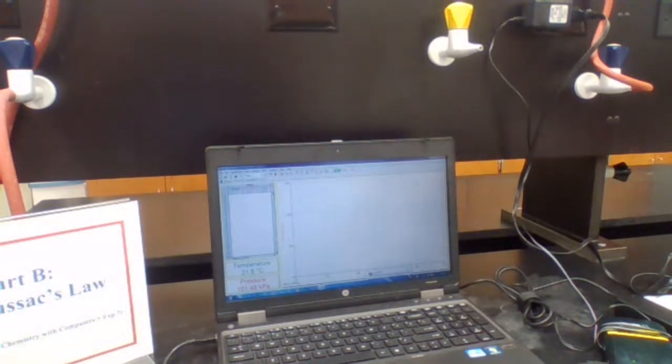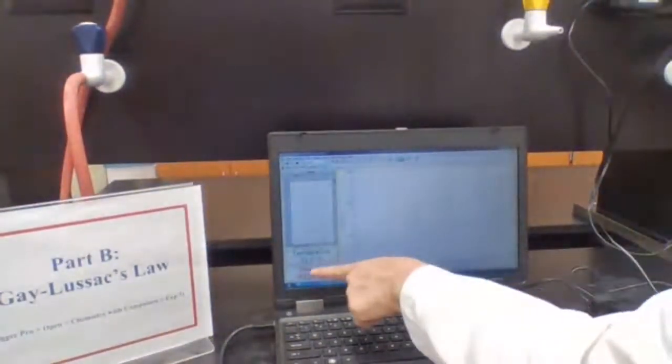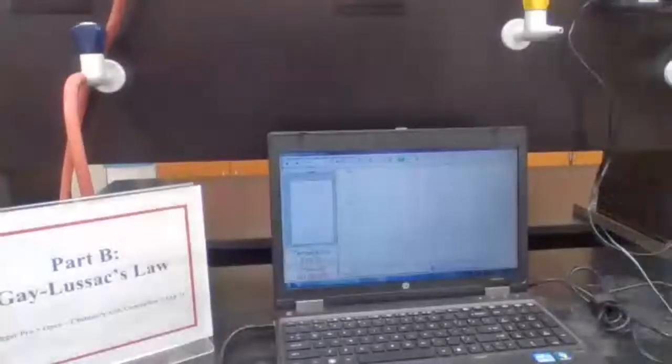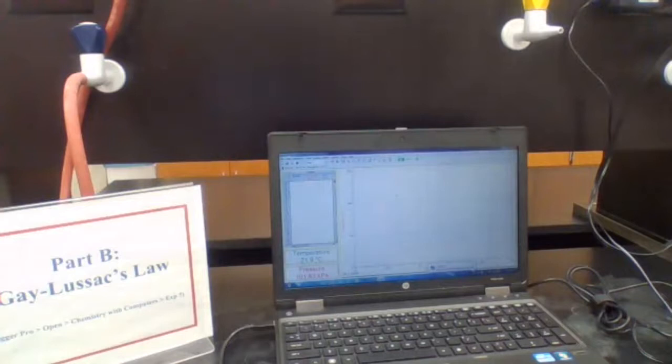Okay, temperature change, pressure change. If you can see, perfect. If not, record the number. 21.9 degrees Celsius. That is the temperature.